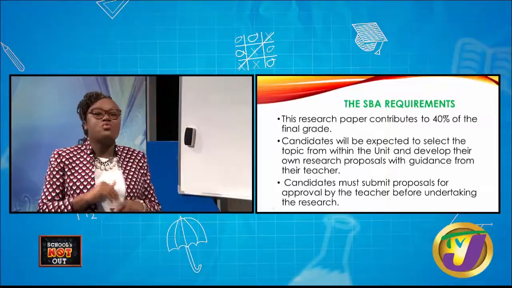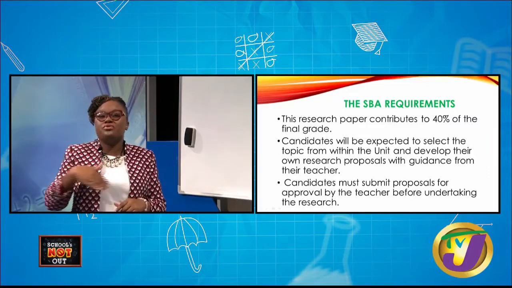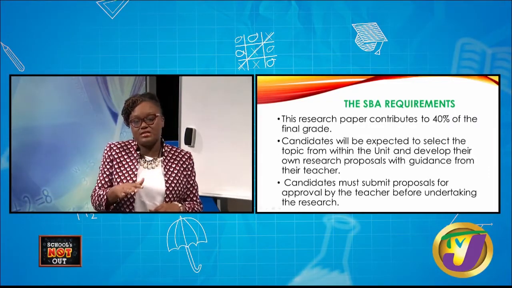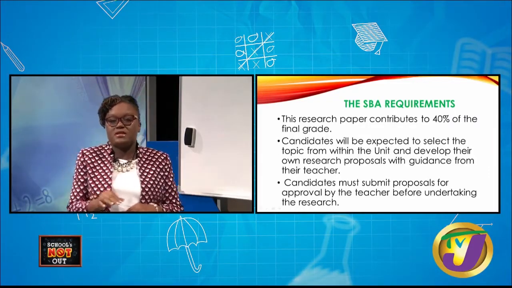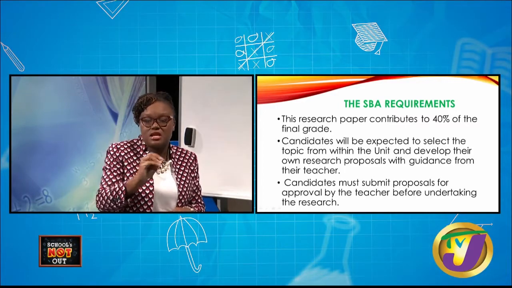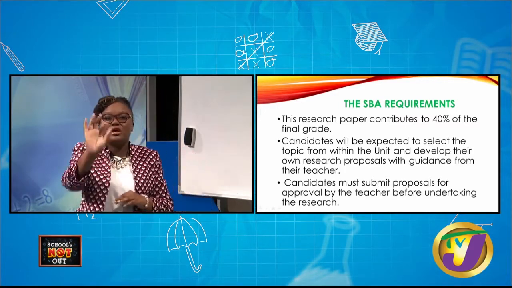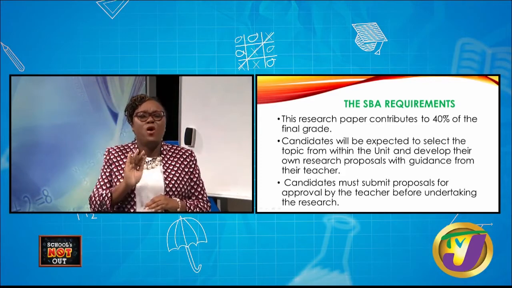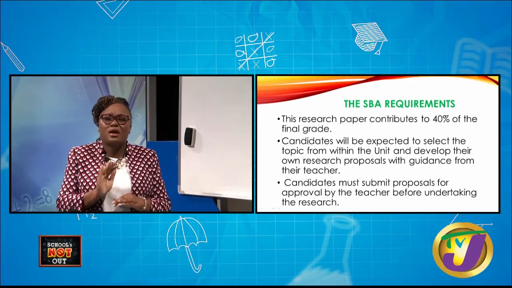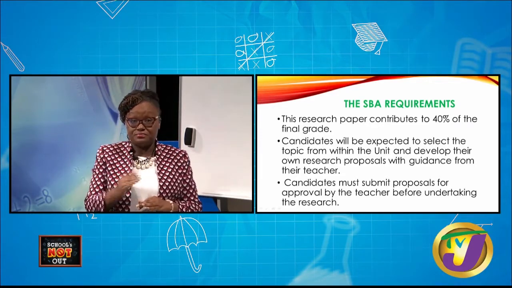All right? So you are expected now to look at the units from all of those areas that we spoke about. You're expected to see what you are interested in and then begin to, in your head, formulate some kind of topic that you want to look at. Of course, you should be past this stage already. You should have done all of this already.